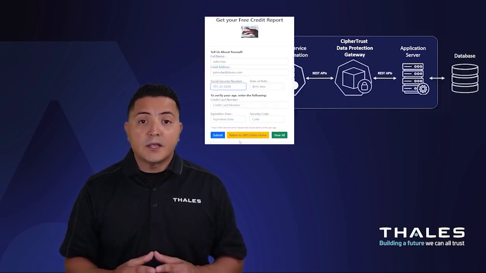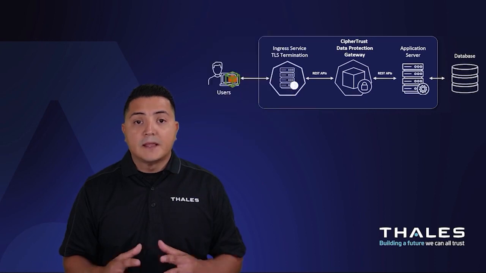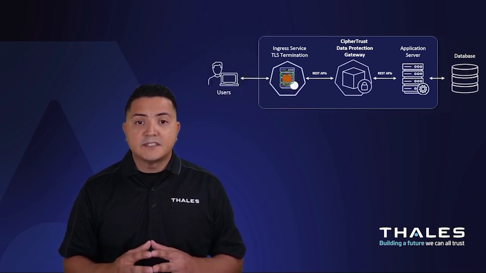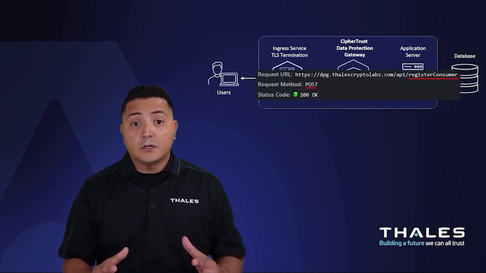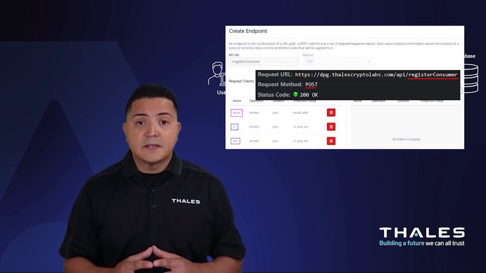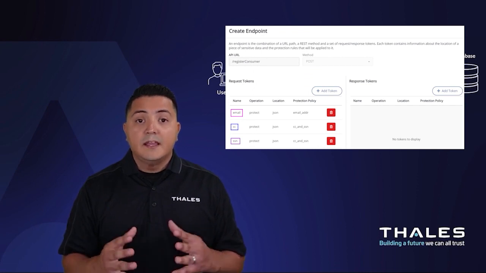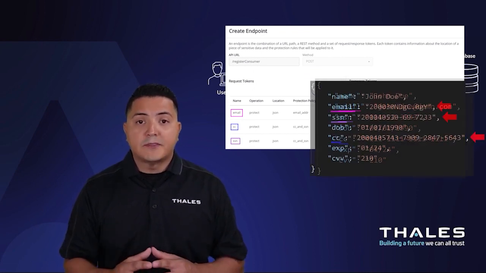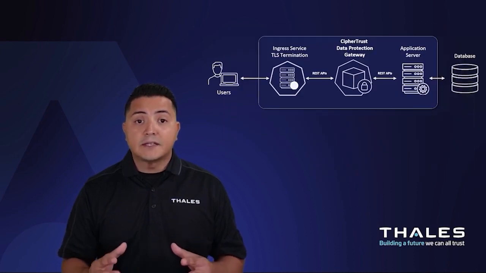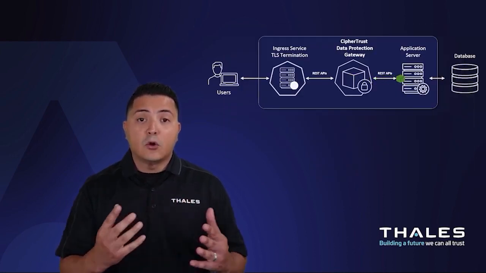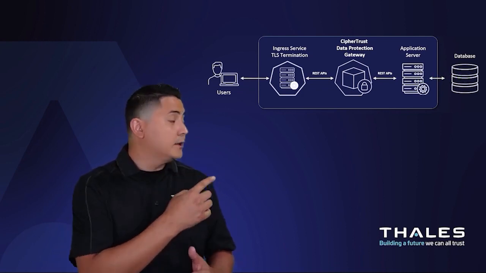Now, when someone completes and submits the form, the CipherTrust Data Protection Gateway container is able to intercept the request, look at the URL, and see if it finds a match based on the endpoints we defined earlier. If it does, it will proceed to encrypt the fields based on the tokens we created earlier and continue to forward the request to the application and ultimately make its way all the way to the database.